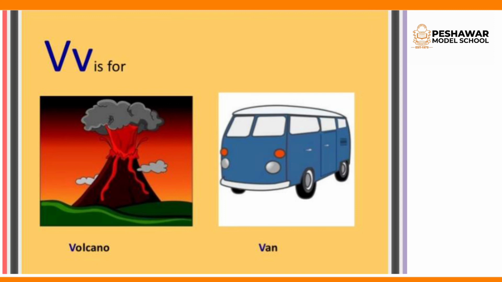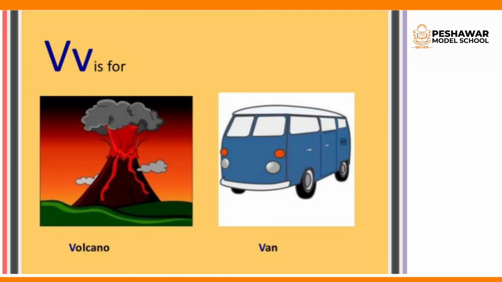In volcano, the initial letter is V, so the initial sound is V, and the final letter is O, so the final sound is A. Look at the next example, Wayne. In Wayne, V is the initial letter, so the initial sound is V, and N is the final letter, so the final sound is N.